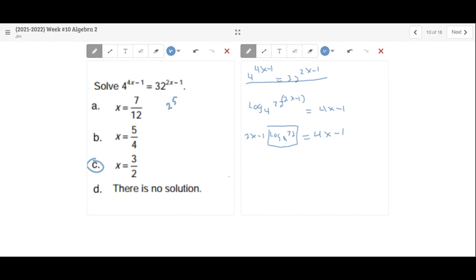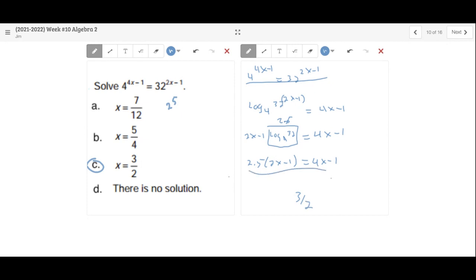It's going to be 2.5. Okay, so 2.5. So now this becomes 2.5 here. Then I end up with 2.5 times 2x minus 1 is equal to 4x minus 1. You'll get the exact same answer. You're going to get 3 halves when you solve this.